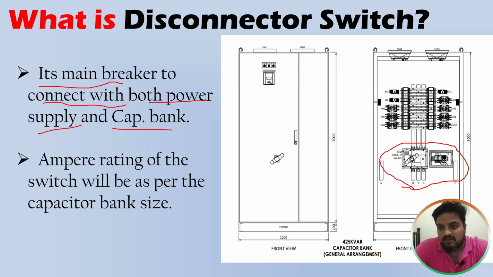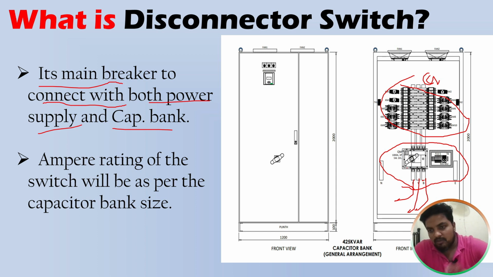The main purpose: on this side, marked RYB, it will be connected to the power supply, that means the LV panel. And on the other side, all the arrangements are related to the capacitor bank. So this acts as a main breaker to connect the capacitor bank unit to the power supply.